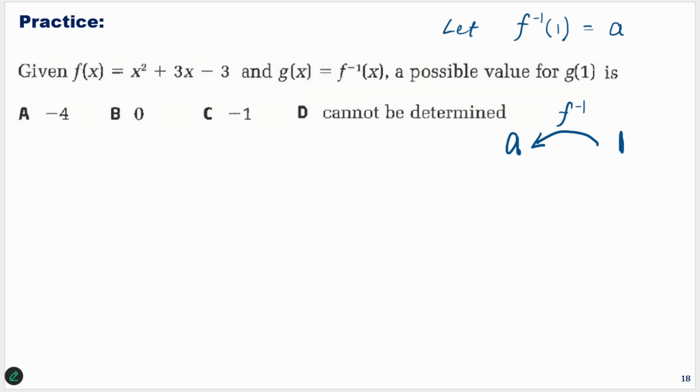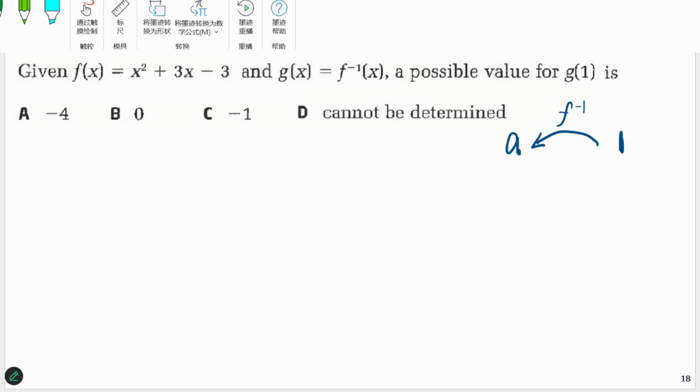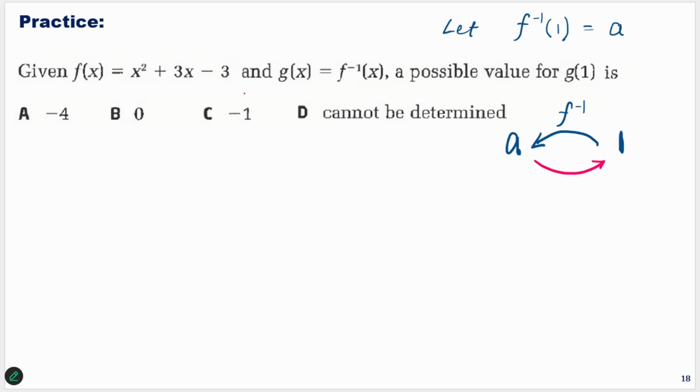Or in other words, the original function maps A to 1, right? Okay, so we know when the input is A, the output is 1, so we can just insert A into the original function. So A squared plus 3A minus 3 equals 1.